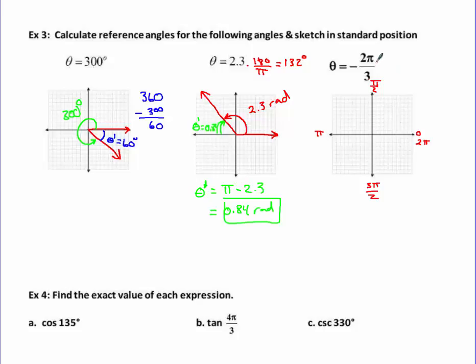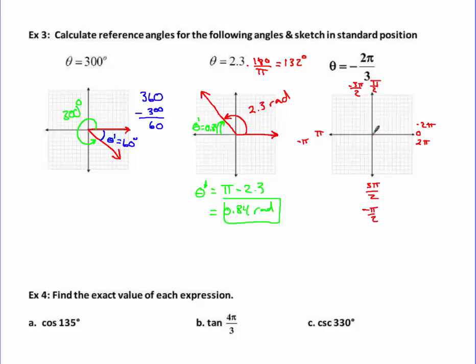But we're going to go negative. So that means this is going to be negative pi over 2, negative pi, negative 3 pi over 2, and negative 2 pi would get us all the way back to here. So we're going the opposite direction.